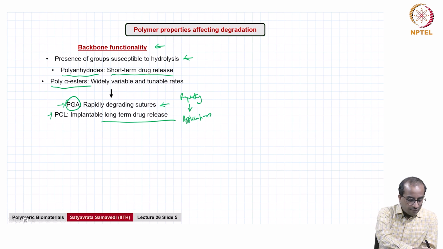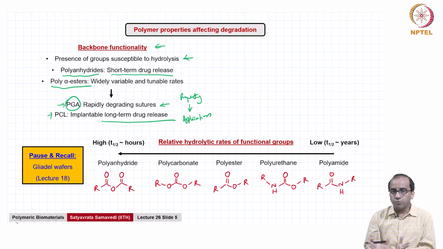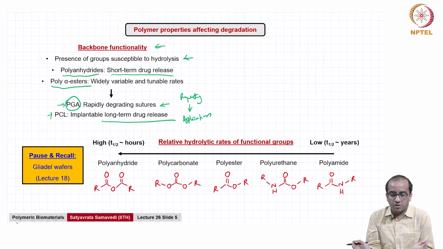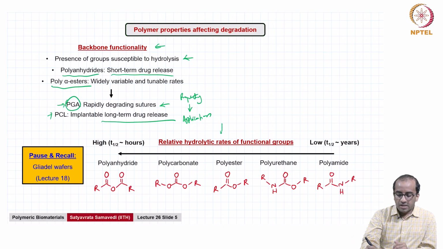Now, in terms of functional groups, if you had to look at a spectrum of functional groups and put them on a timeline such as this, and you think of the relative hydrolytic rates of the different functional groups, on the one hand here you have these polyanhydride functional groups that will degrade very rapidly.